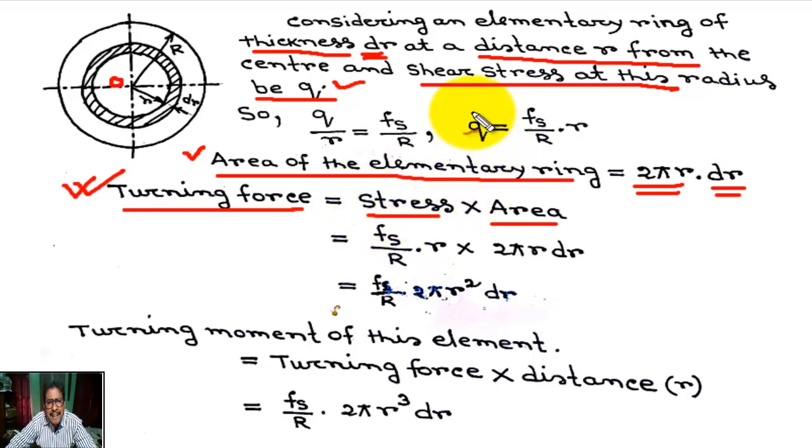Stress at this radius small r, q, equals Fs by capital R into small r, into area 2 pi r dr, equals Fs by capital R into 2 pi r square into dr.